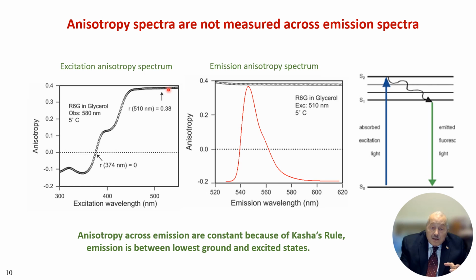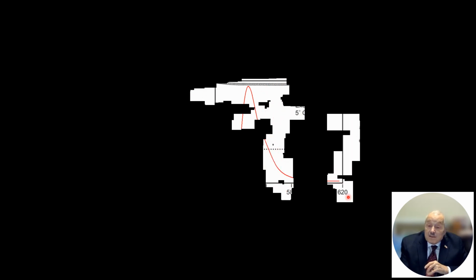But if you excite at long wavelengths and measure across the emission spectrum, you find out that it's flat. So there's no information in measuring the anisotropy across the emission spectrum, except in some cases of solvent relaxation. And that is, of course, because of Kasha's rule. Remember, the molecule is always going to relax to the lowest excited state possible.